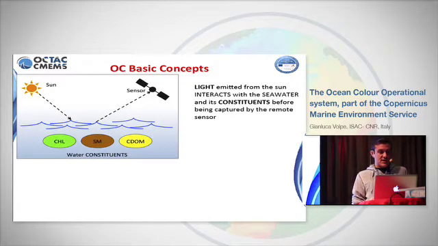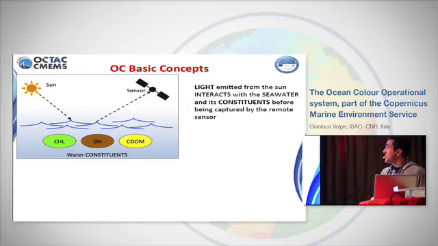So let's move to the ocean color basic concepts. As you know, light emitted from the sun interacts with the seawater and its constituents, which are basically phytoplankton, which we can measure through the chlorophyll concentration, the suspended matter, and the colored dissolved organic matter, before being eventually captured by remote sensing, obviously through the atmosphere.